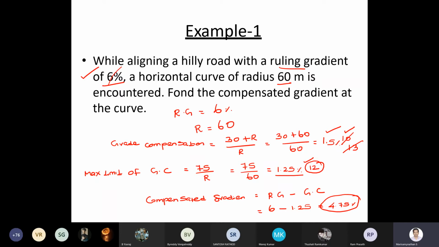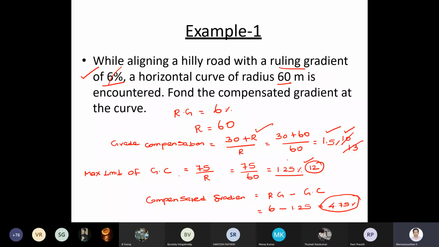In the problem, you check whether the ruling gradient is less than or equal to 4 percent; then nothing is required. If it is more than that, we estimate the grade compensation using the (30 + R) / R equation. Also, we estimate the maximum limit of the grade compensation. Whichever is within that maximum limit, we finalize as the grade compensation.